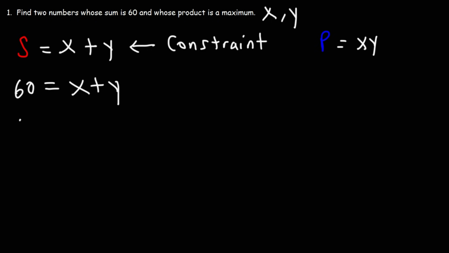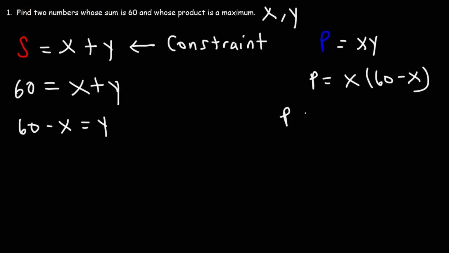So let's subtract both sides by x. 60 minus x is equal to y. And then in the objective function, we're going to replace y with 60 minus x. So we have p is equal to x times 60 minus x.